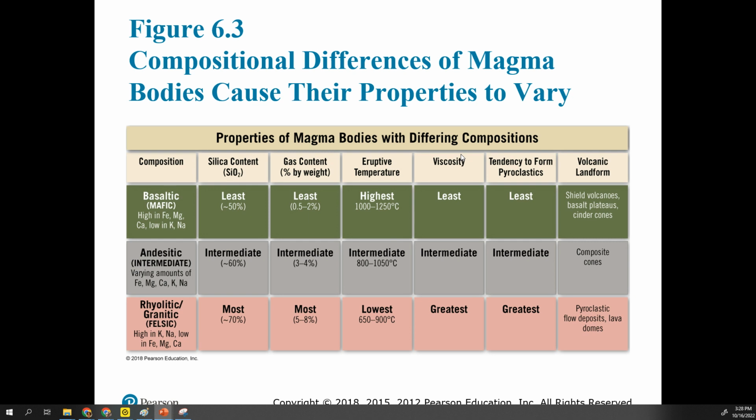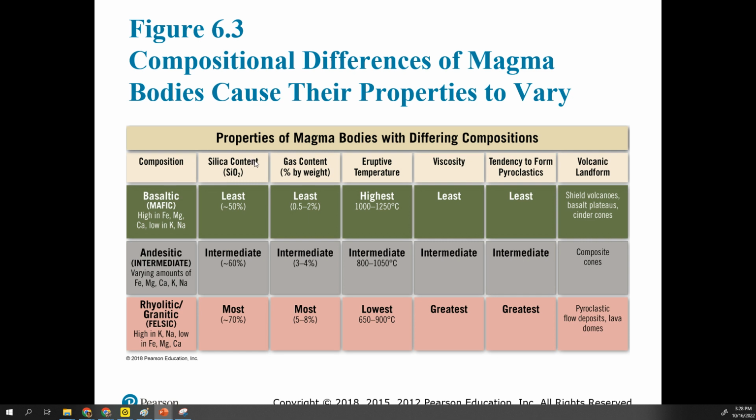Andesitic was in the middle, and then our rhyolitic or granitic is our felsic kind. So we remember that our rhyolitic or granitic or felsic magma is the most in terms of silica content, around 70%. Our andesitic, which is our intermediate, is about 60%, and then our basaltic magma has about 50% silica content.